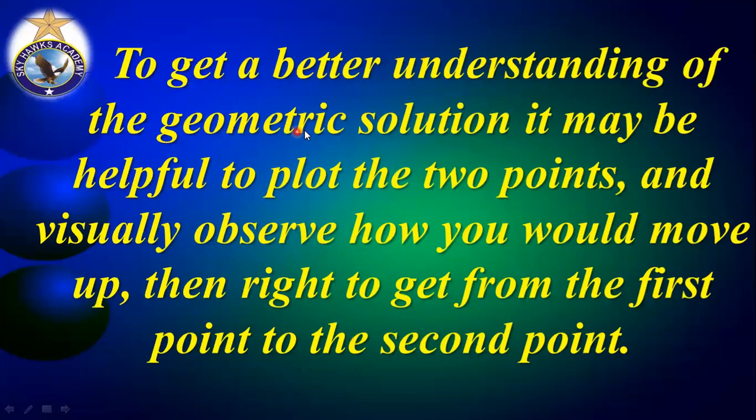To get a better understanding of the geometric solution, it may be helpful to plot the 2 points. That's why I was saying that is a Euclidean way to solve the geometrical problem. First you should make the coordinate planes, the x-axis and y-axis, locate 2 points according to predetermined scales, and visually observe how you would move up, then right to get from the first point to the second point.